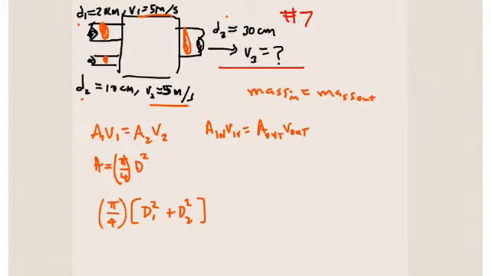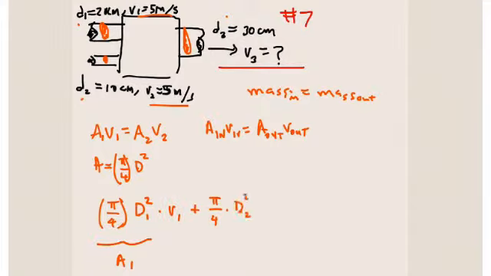Let me not take any shortcuts. Pi over 4 d1 squared, that's the area A1, times V1, plus pi over 4 times d2 squared, that's A2, times V2, equals pi over 4 times d3 squared, this is A3, times V3.